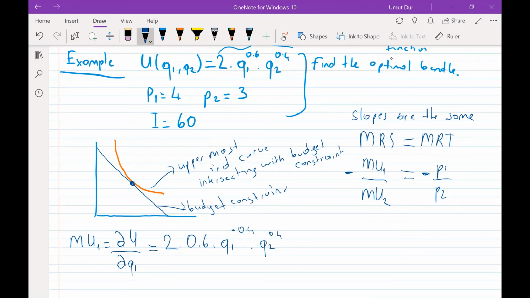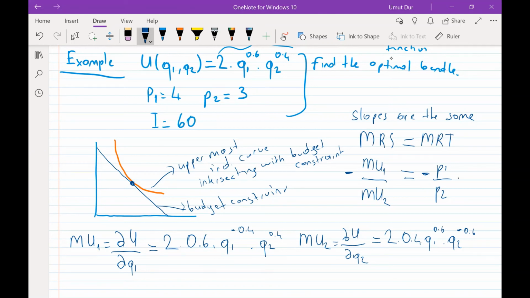What is the marginal utility of Q2? It is du over dQ2, which is 2 times 0.4 times Q1 to the 0.6 times Q2 to the minus 0.6. So I will take the ratio of those two terms.